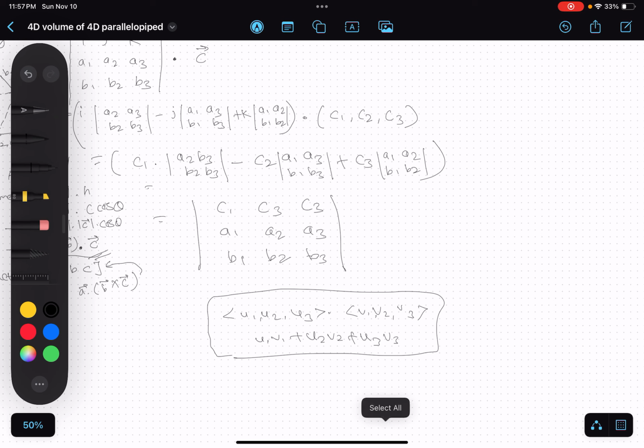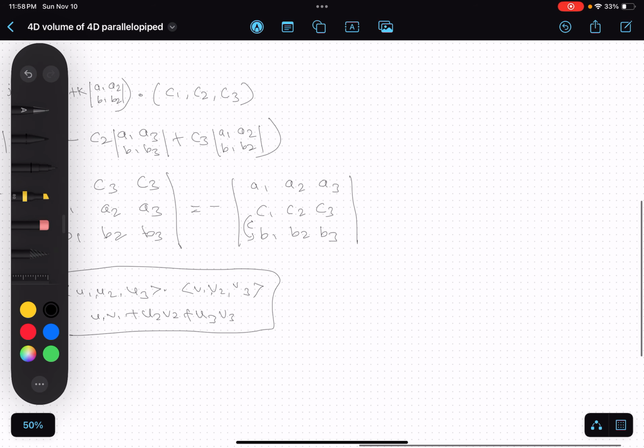And now I can further write this determinant as, if you know the rule of determinants, if I just exchange the rows, a negative sign is introduced in the determinant, right? So this will be equal to negative of the determinant with rows a1 a2 a3, c1 c2 c3, b1 b2 b3. And if I again exchange these two, another negative sign will come, which cancels this negative sign.